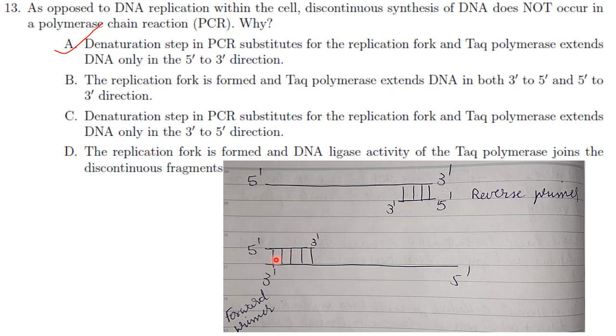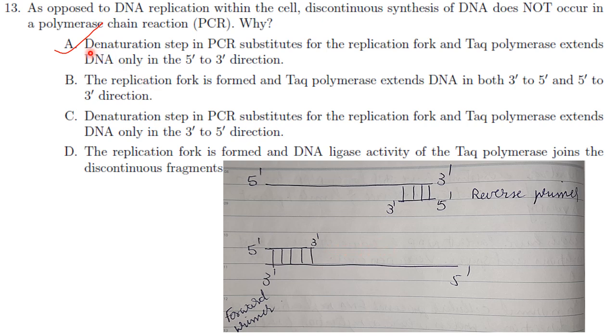So this is the forward primer binding. This is the reverse primer binding. And they will allow the synthesis of the DNA strands in each direction, that is in the 5' to 3' direction. The synthesis will go like this because you add nucleotides to the 3' end. Here also it will be synthesized in the 5' to 3' direction because nucleotides are added to the 3' end. So the synthesis will be in 5' to 3' direction.